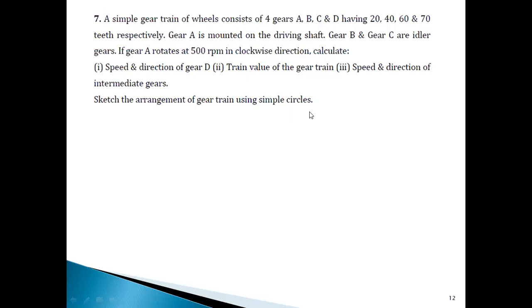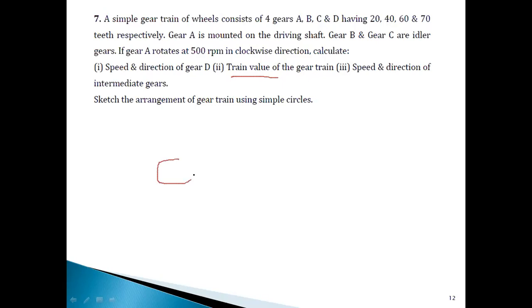So already this kind of problem you have seen here regarding simple gears. They are given the number of teeth also. Only the additional point in this question is regarding the train value. That is this point. Except this we can find the other things. So just I will move on directly to the things. As it is a case of a simple gear train, the simple gear train already we have discussed.